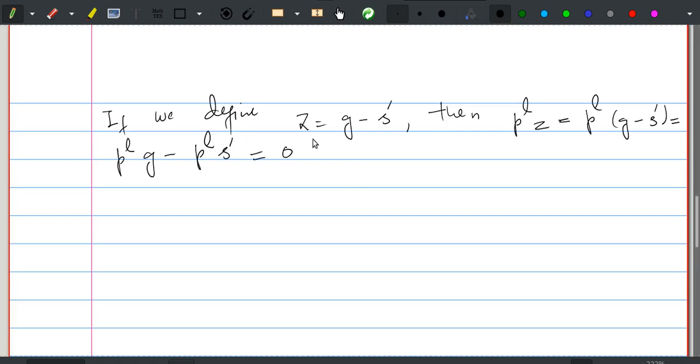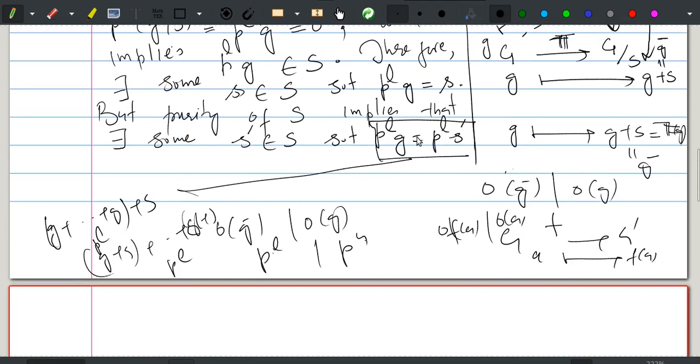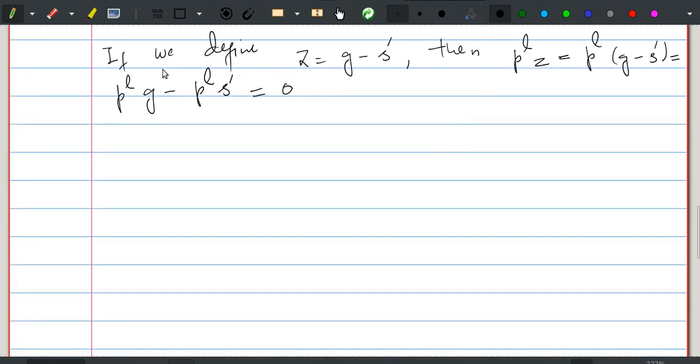So this is equal to 0, because p power L G is equal to p power L S prime, so their difference is 0.